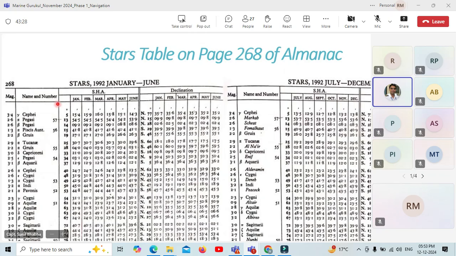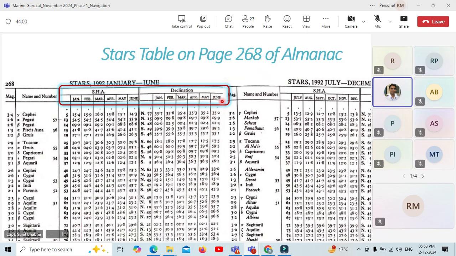After this, the next column of the table gives us the SHA and declination of the stars from January to June. For the first 6 months of the year, the SHA and declination is given on the left hand side page. You have the SHA given first, followed by the declination of the star.